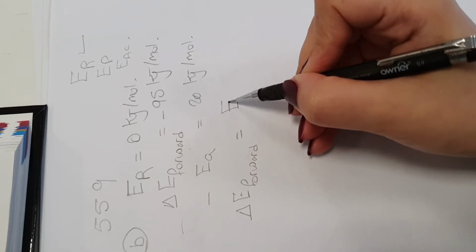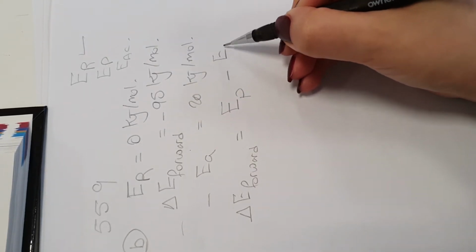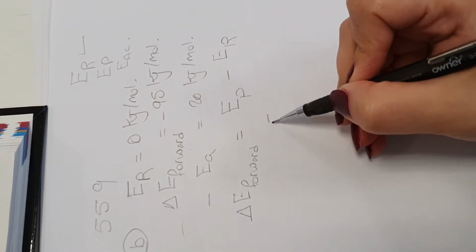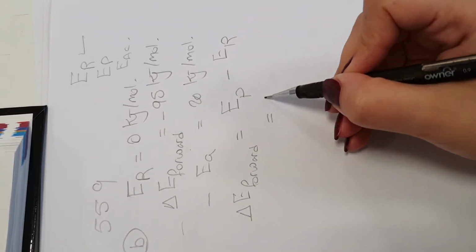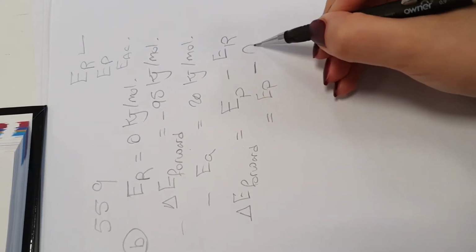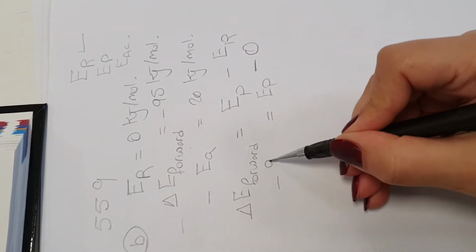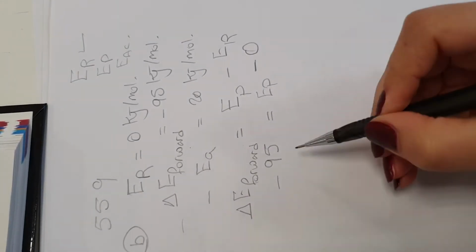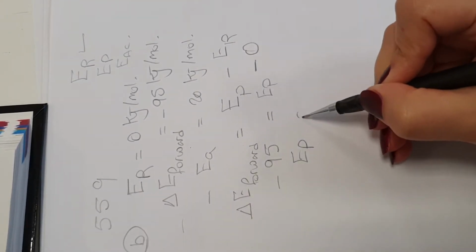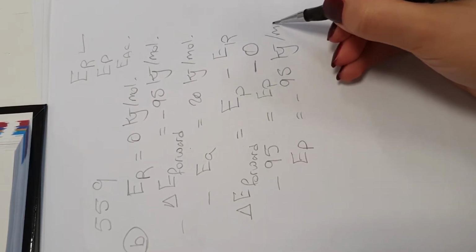Final minus initial, energy of products minus energy of reactants. Energy of products, I will calculate it now. Reactants 0. Forward, he told me negative 95. So the energy of the products equals negative 95 kilojoule per mole.